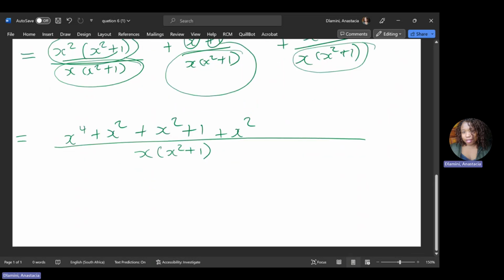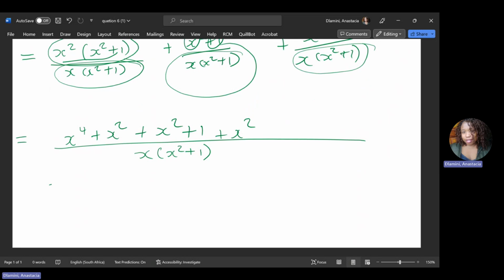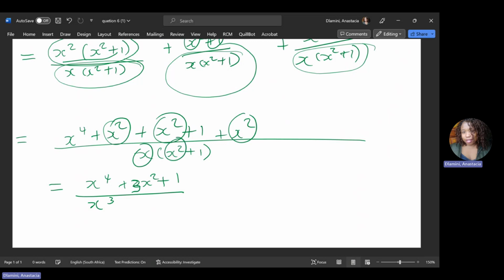All right. So now this is then equal to x to the power of 4 plus 2x squared. Actually 3, because we have 1, 2, 3. We are adding like terms. So this will be 3x squared plus 1 over x to the power of 3. So that is x times x squared, and x times 1.